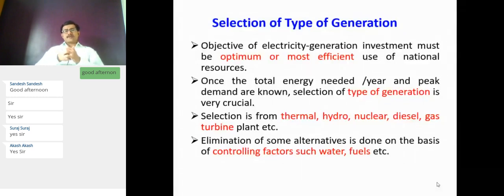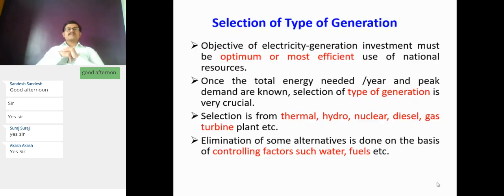So you should make an appropriate, optimum and efficient use of the national resources which are available with you, which will reduce the burden on your economy and help us to keep the cost of electricity generation at the minimum level. Okay, so that is the interpretation of point number one.